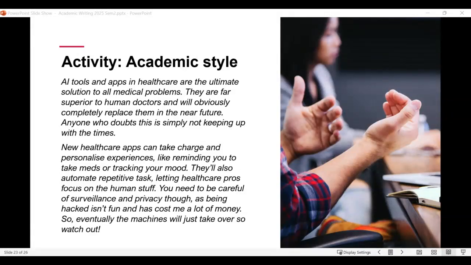So basically, academic style means you take out all the abbreviations, all the fluffy language. You take out the bias, you take out all the statements that have no evidence at all. And if you take all that out, the actual grammar and sentence structure is actually really nice. So academic style doesn't mean you have to have huge long sentences.